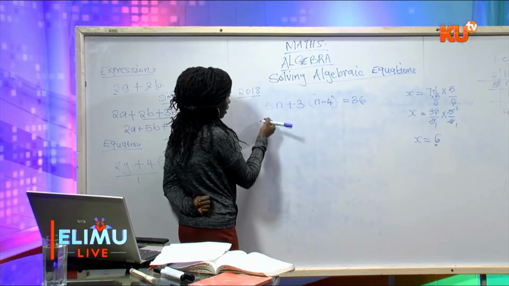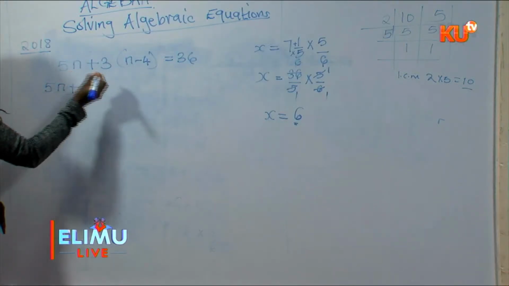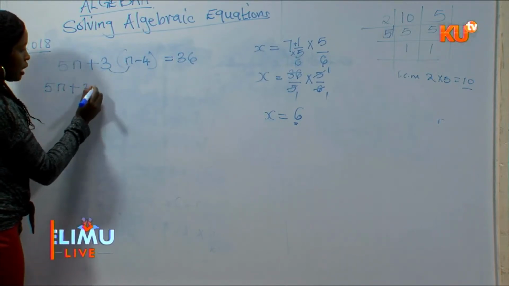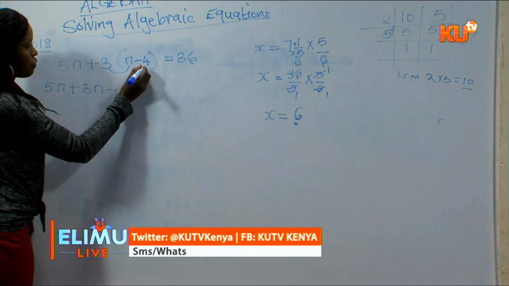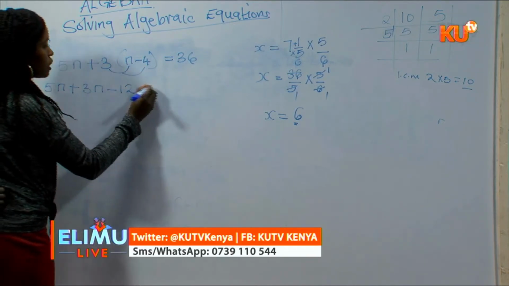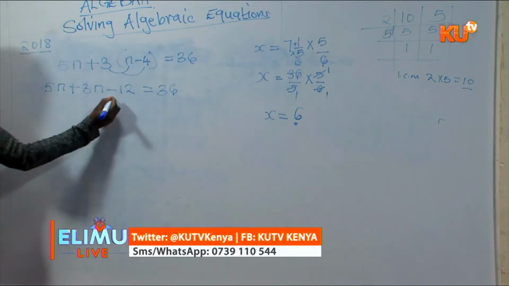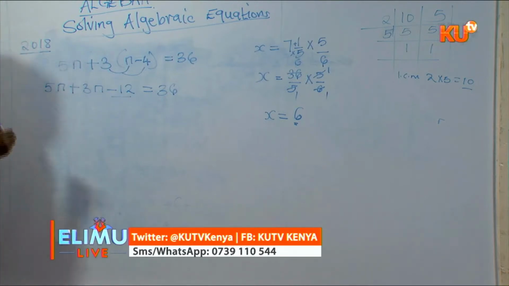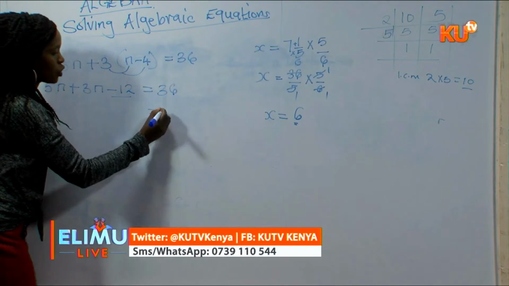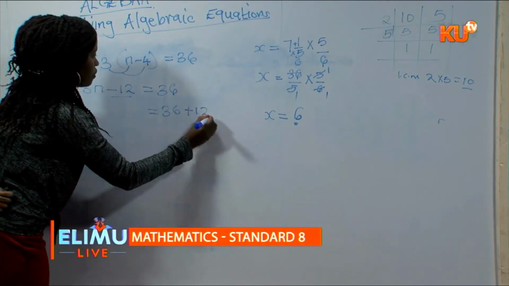So we copy down what we have, 5n plus, here we open up, n times 3, we get 3n, then minus 4 again times 3, we get 12, is equal to 36. This is minus 12. I take it to the other side. When it crosses over, it's going to be 36. It changes to positive.